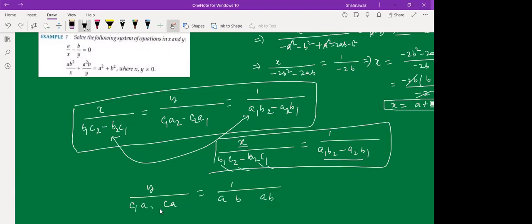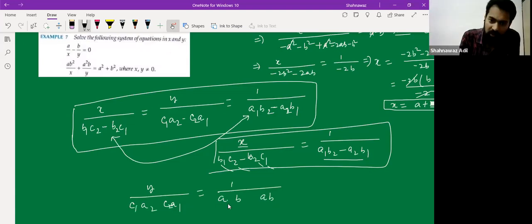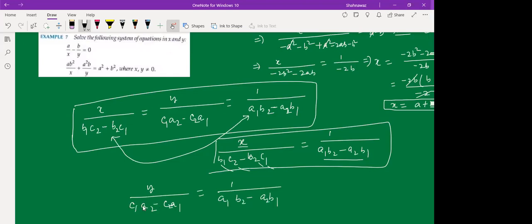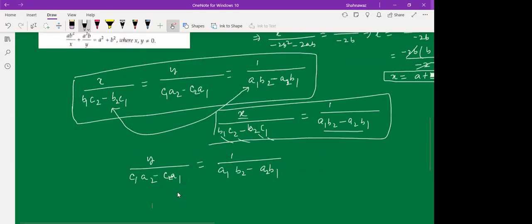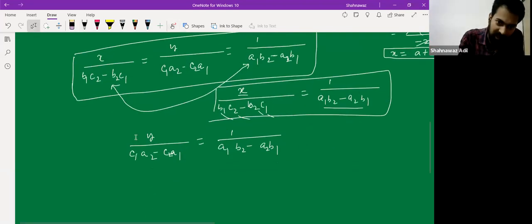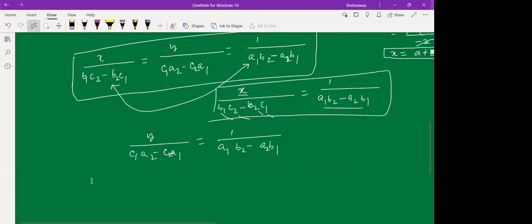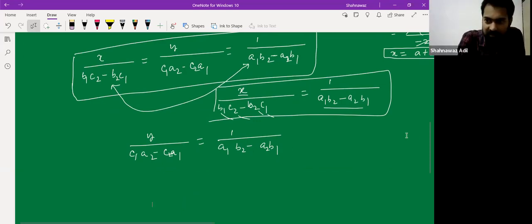Right, 1, 2, 2, 1, 1, 2, 2, 1. Okay. Right, Adil? Yes. So what was the value of C1? Can you tell me? What was the value of C1?